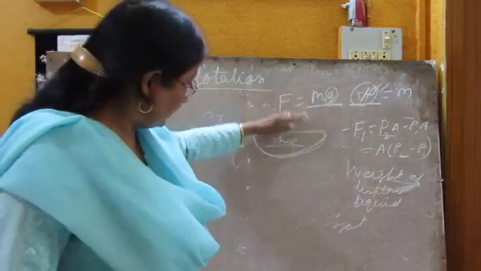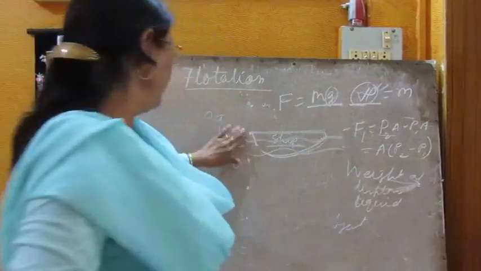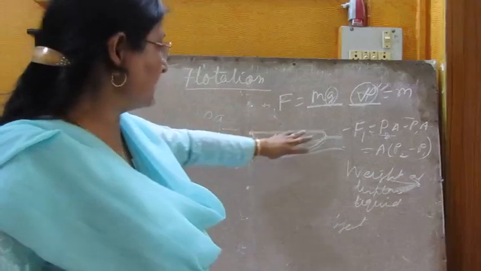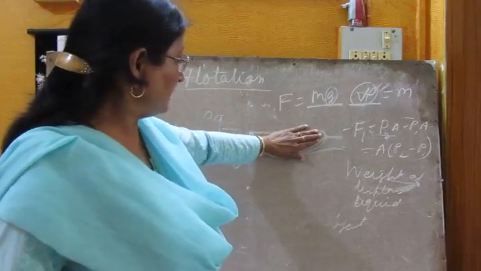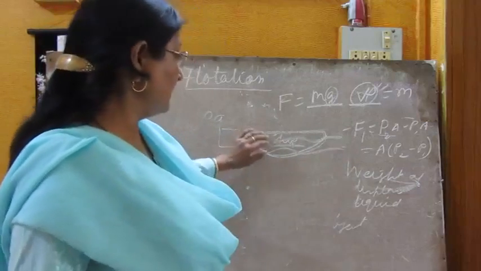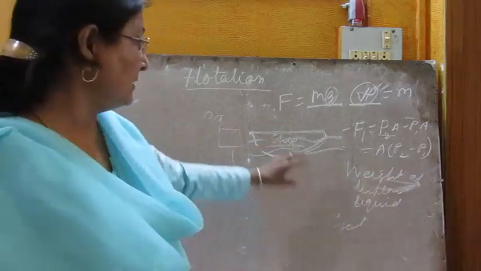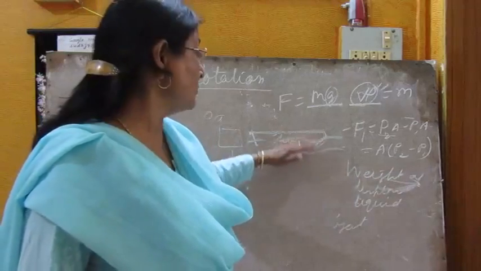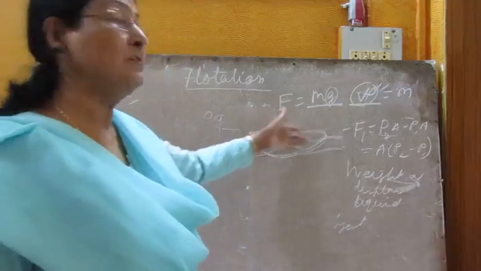When it is immersed in the sea or river, the maximum portion downwards is empty, so the density of this huge volume is very less. It displaces a huge amount of water, and the displaced water's weight is much more than the weight of the ship. That's why the ship floats.